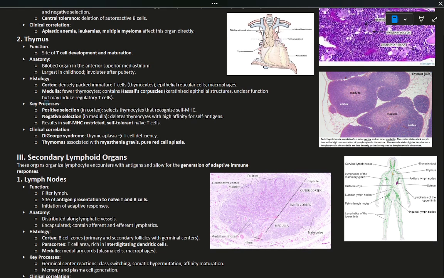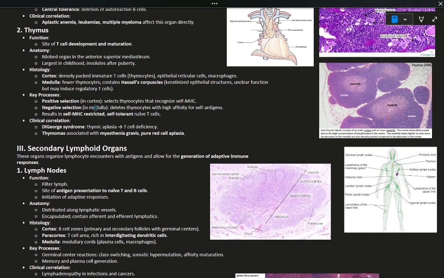So what are the key processes in the thymus? There is positive selection that occurs in the cortex. This involves the selection of thymocytes or immature T cells, selecting them that recognize the self-major histocompatibility complex.